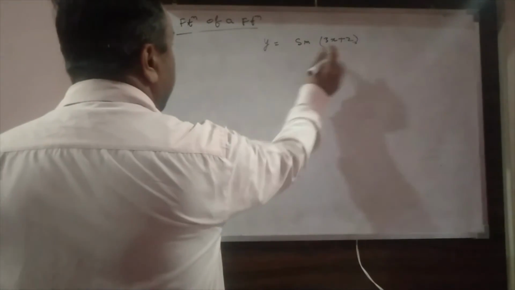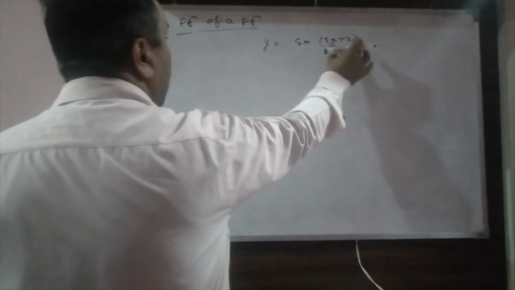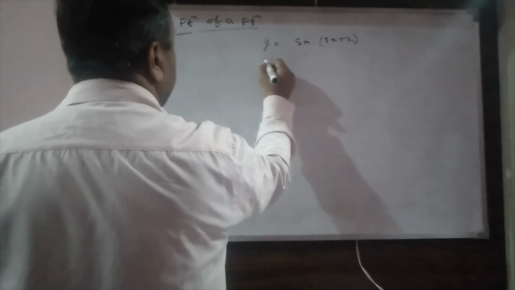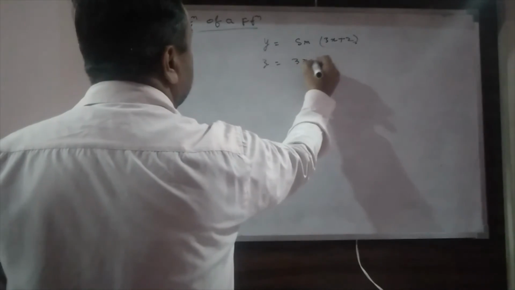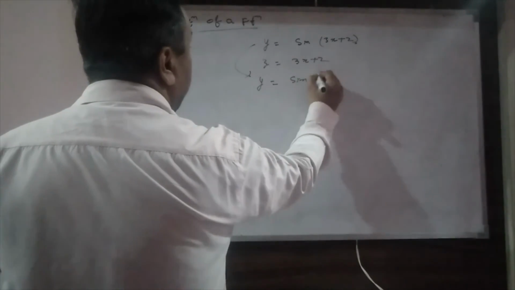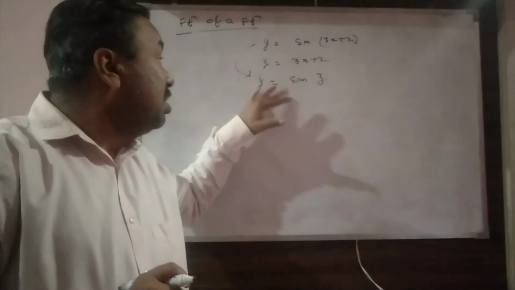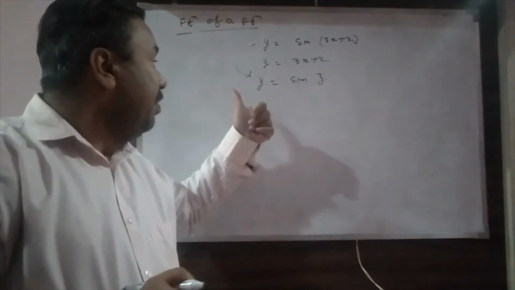Either you expand it, or the simple way is to take z equal to 3x plus 2. When I put it there, I get y equal to sine of z. Now instead of differentiating y with respect to x, I will differentiate it with respect to z.